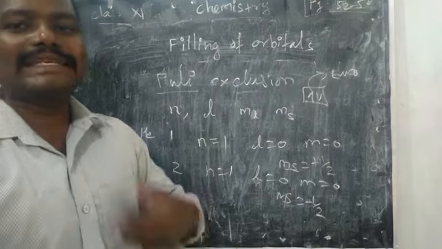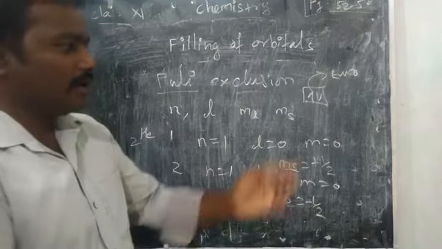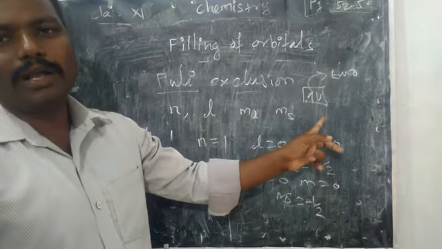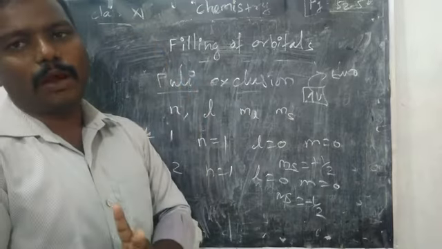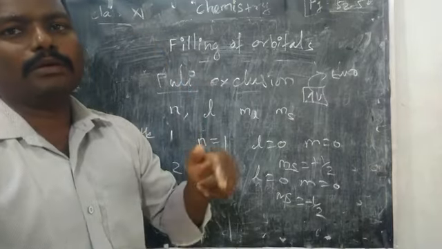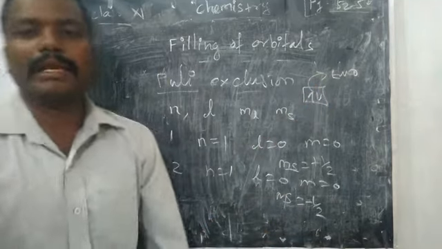But from that we can easily draw, or for understanding we can say, in one orbital, one subshell, only two electrons may occupy, and the two must have different spin, one clockwise, another one anti-clockwise.